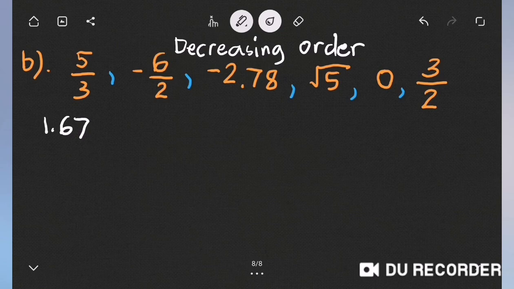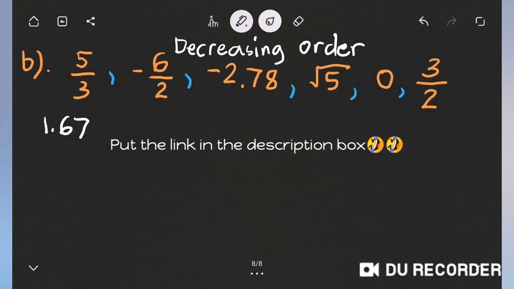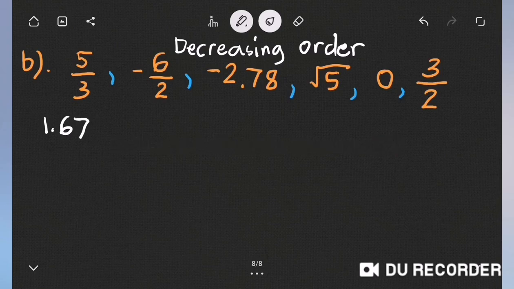For those asking how to transform or to write fraction into decimal form, I will put the link in the description box, as well as the lesson on how to estimate square root. Kasi those two lessons are the prerequisite of this lesson para makapag-transform or makapag-rewrite tayo into decimal numbers.